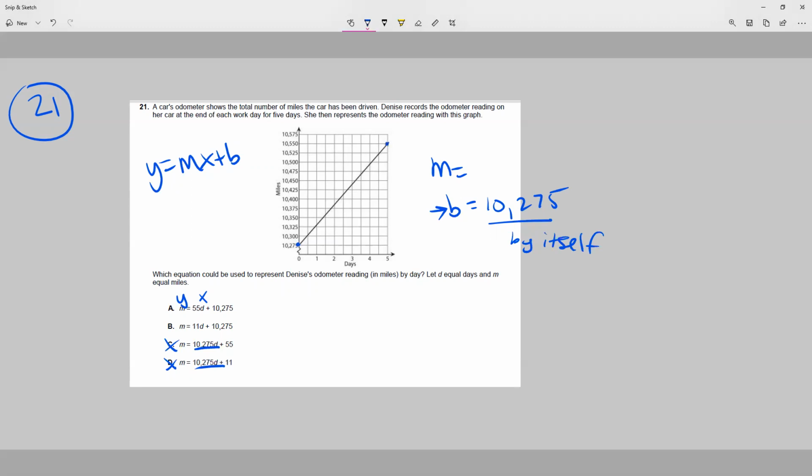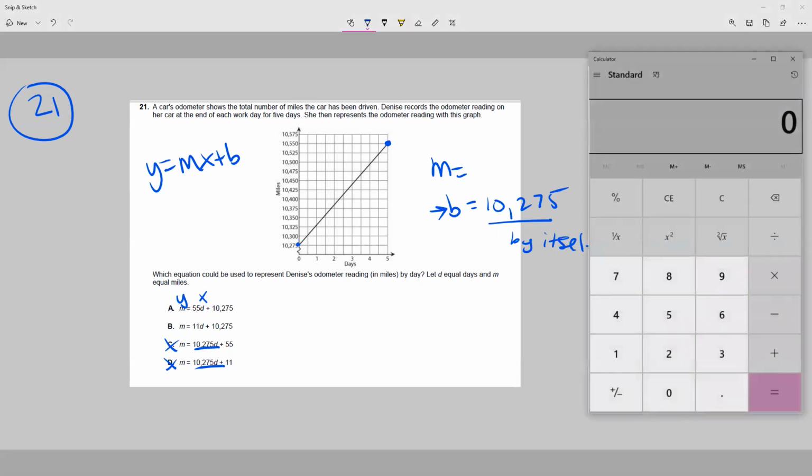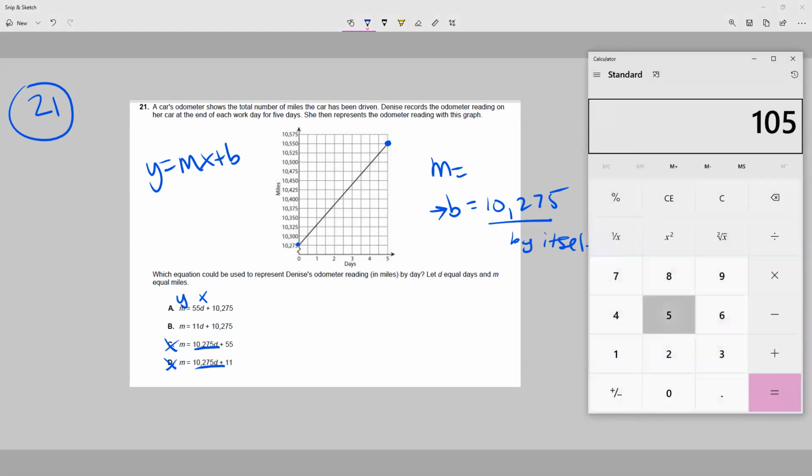I guess it goes all the way up to here. So 10,550 minus 10,275.